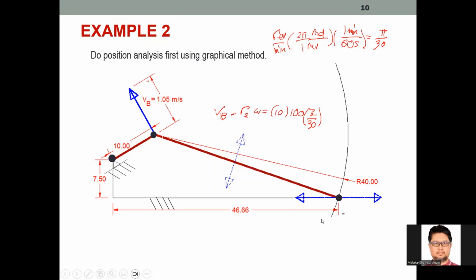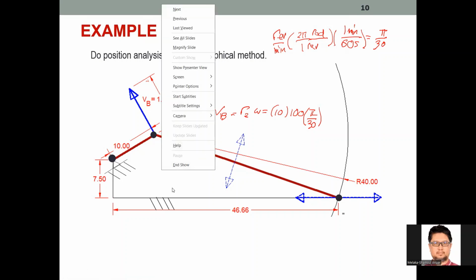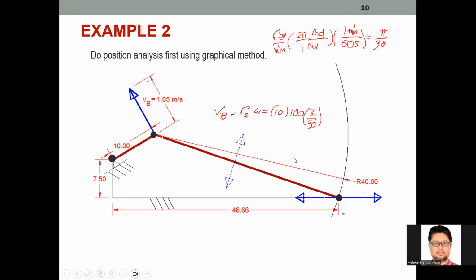All right, by drawing this, you already solve it. So this will be R1, and this will be R2.